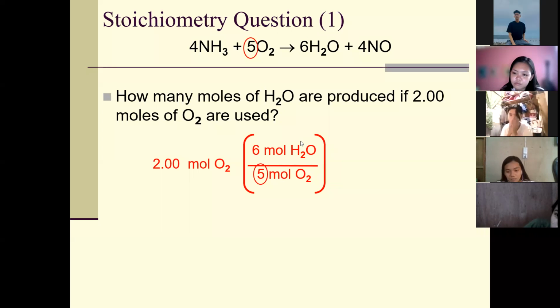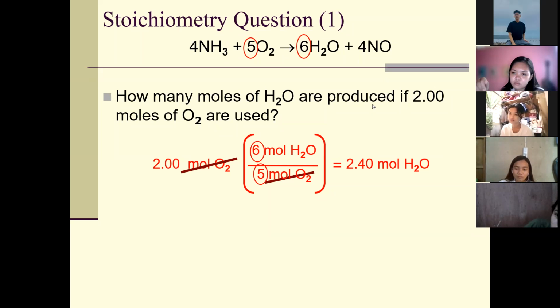And then this is our mole ratio, 5 moles of oxygen, 6 moles, that is coming from the balanced equation. So please do not solve stoichiometric problems if hindi pa kayo nakapag-balance ng equation. Okay? Ayan. So this is 2.40 moles. Questions?